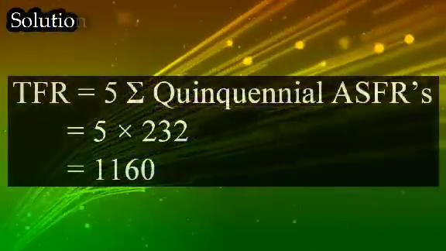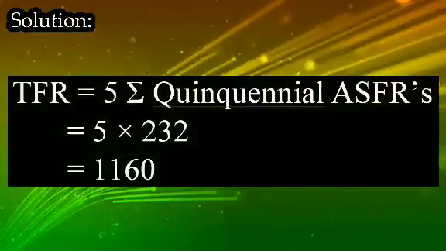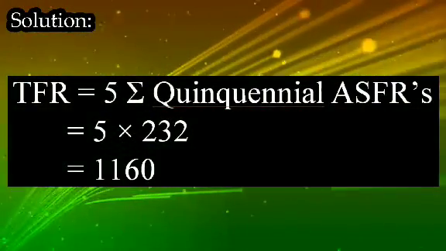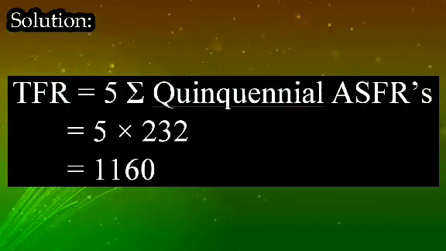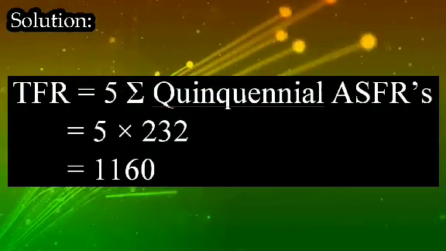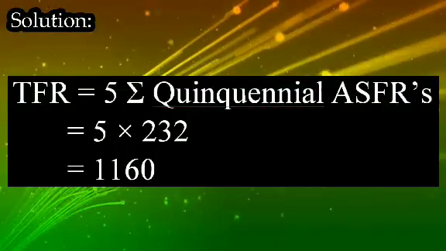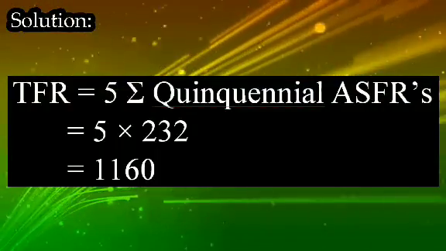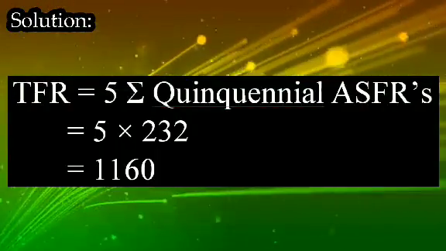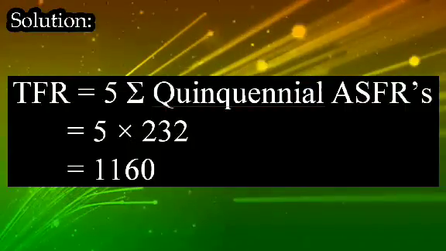So the formula is TFR equal to 5 into sigma quinquennial ASFRs. So 5 into sum of quinquennial ASFR, sum total of ASFR value. Add all the ASFR values, that is 25 plus 60 plus 70 plus 40 plus 20 plus 12 plus 5.